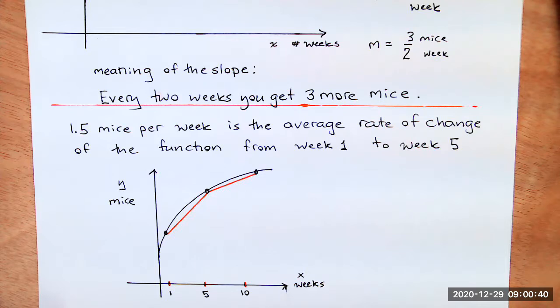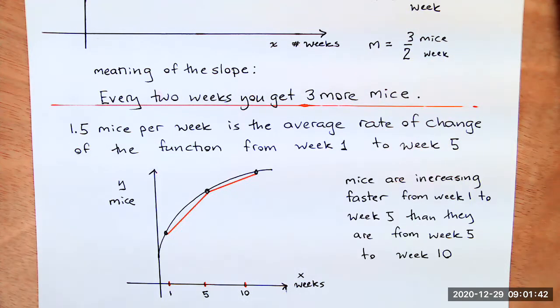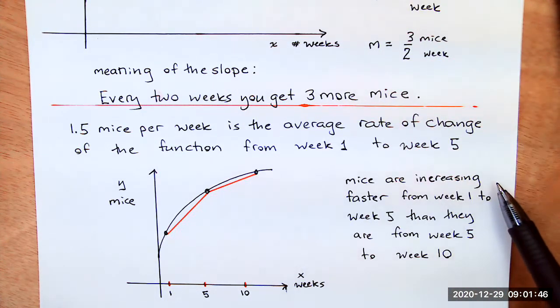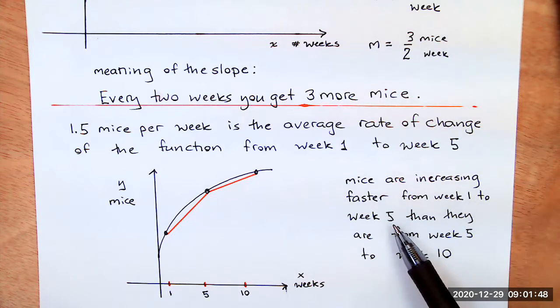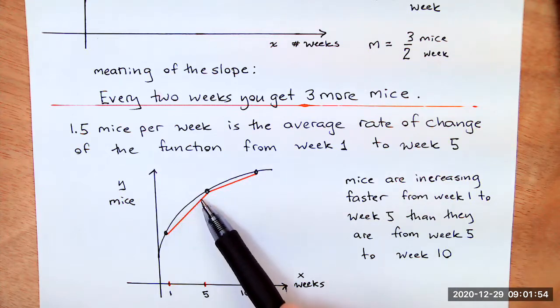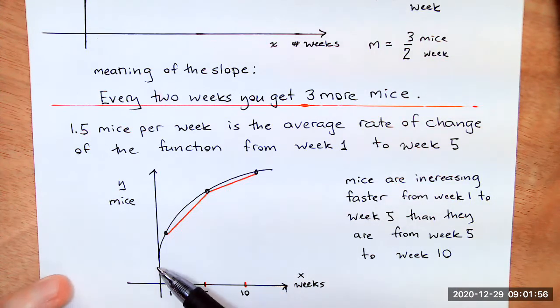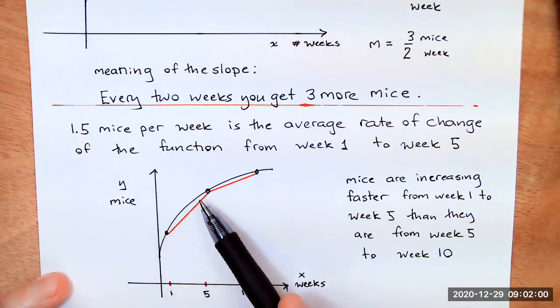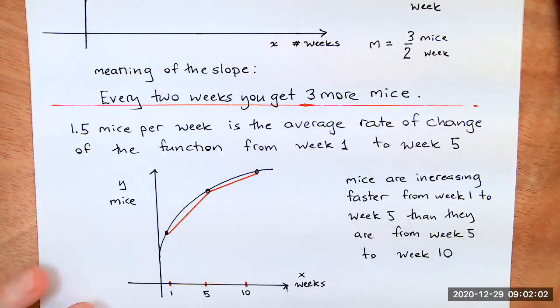Let me write that down. So the mice are increasing faster from week 1 to week 5 than they are from week 5 to week 10. So if you were describing this function, you would say the number of mice is increasing slower.